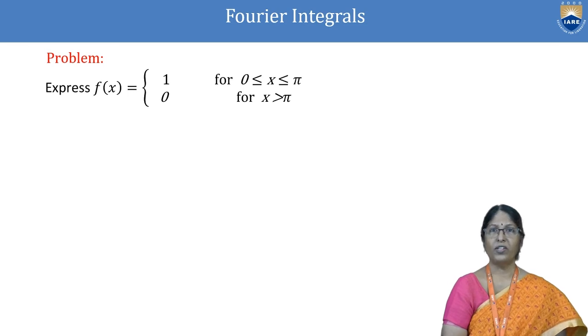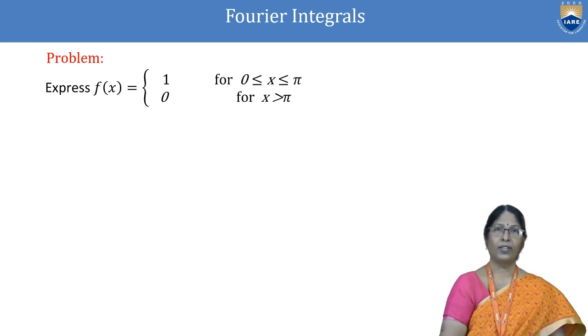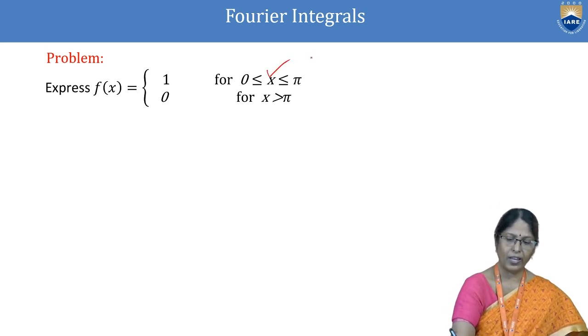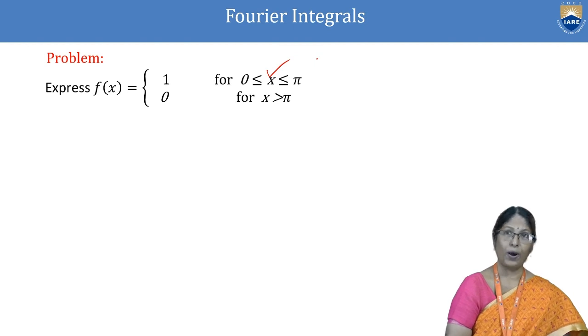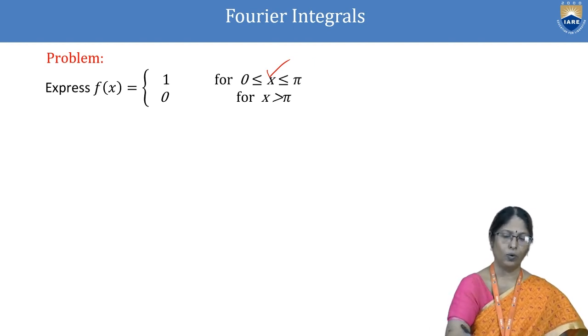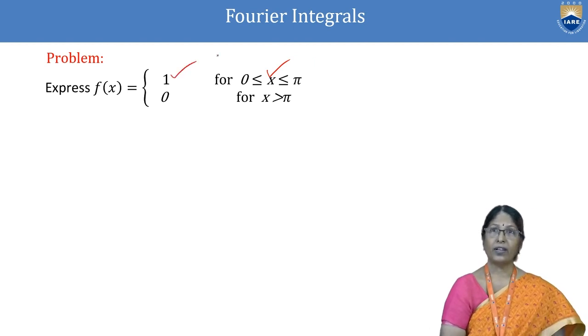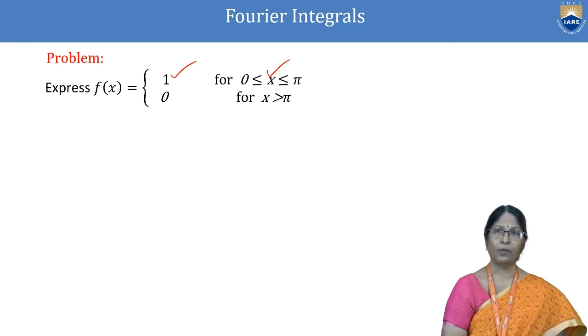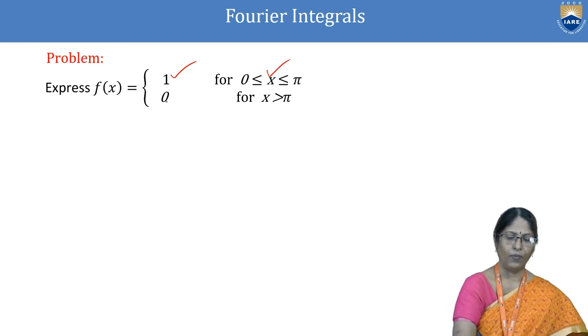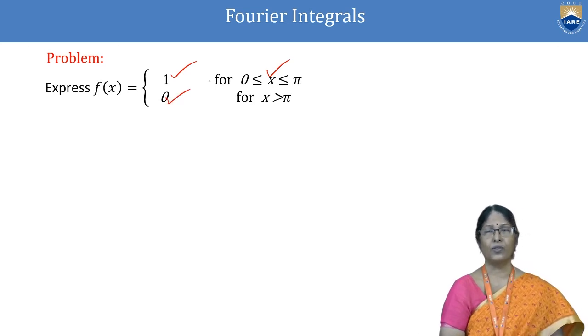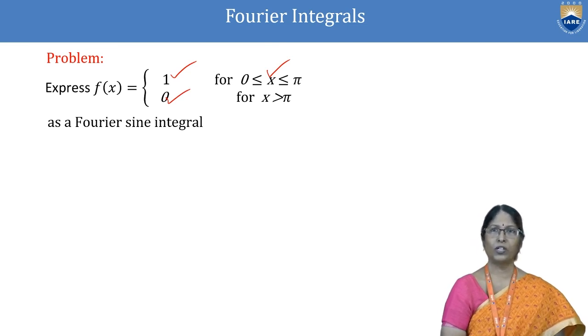We will concentrate on one more problem: express f of x equal to 1 if x lies between 0 and pi, and 0 if x is greater than pi, that is, from pi to infinity. We have to express it as a Fourier sine integral, that is what is given.